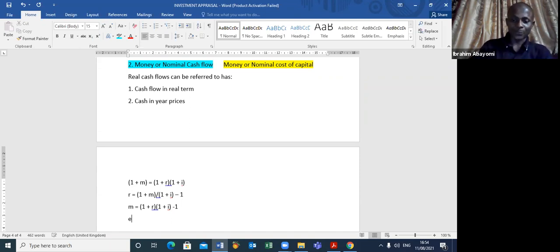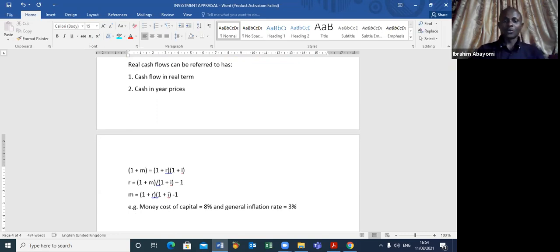For example, let us assume that money cost of capital is 8%, and the general inflation rate is, let me say, 3%.